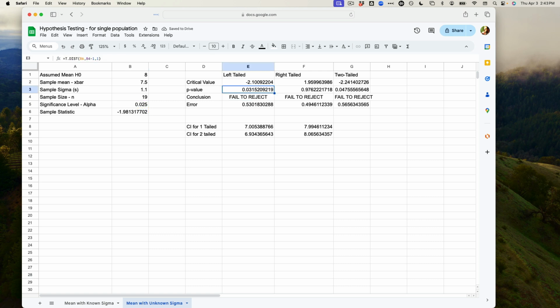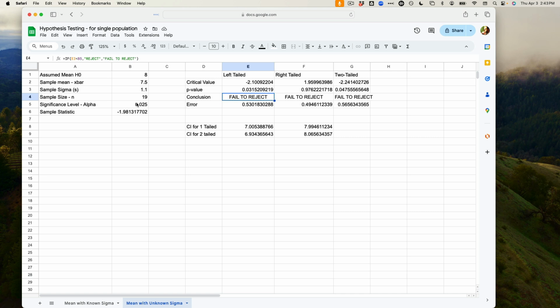So it gave me a p-value of 0.0315, but my significance level is 0.025, and therefore we fail to reject, because my p-value is greater than alpha. My result is not that extreme. In other words, the probability of getting this result is acceptable to me.